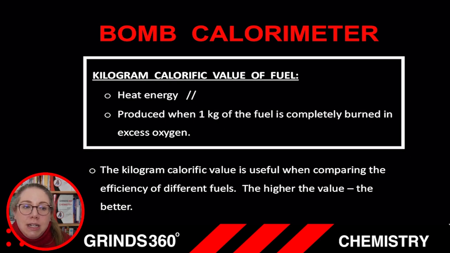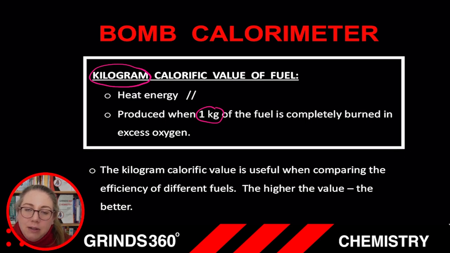Now, there's a definition here called the kilogram calorific value of a fuel. It's the heat energy released when 1 kilogram of the fuel is completely burned in excess oxygen. So it would be: stick 1 kilogram of the food or the fuel inside the bomb calorimeter, set it on fire, and measure how much energy that 1 kilogram would release.